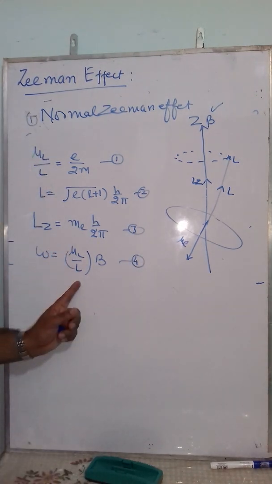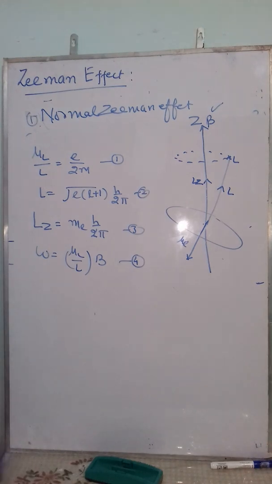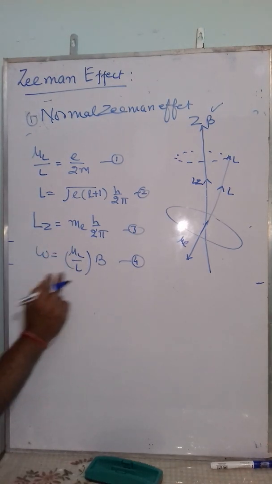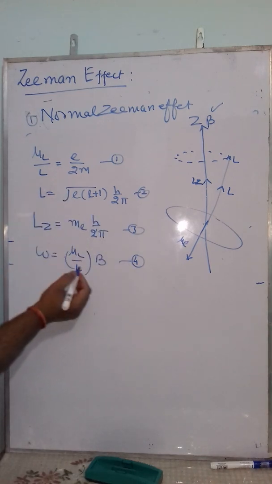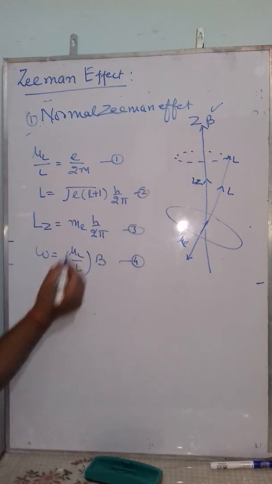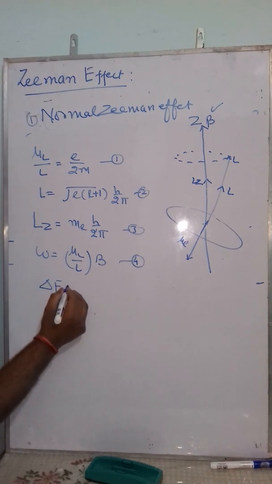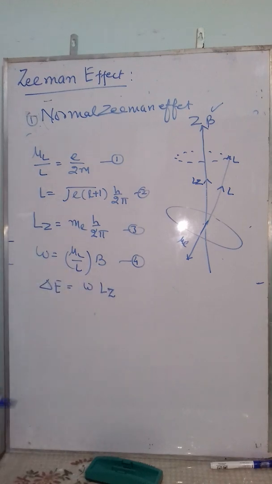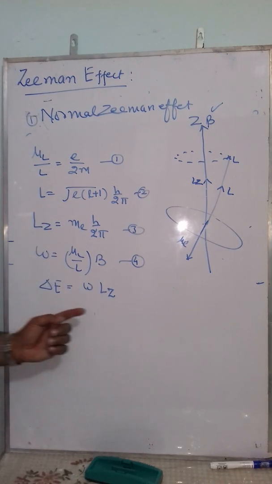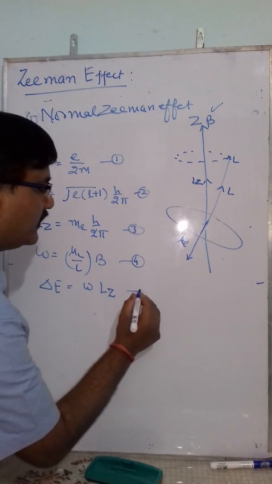Hence the energy associated with this Larmor precession, that is the change in energy delta E, is given as delta E equal to omega into Lz.